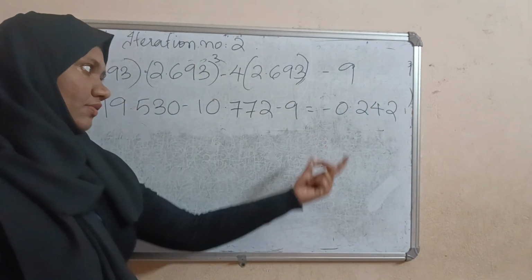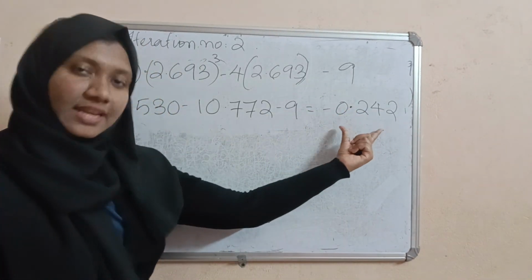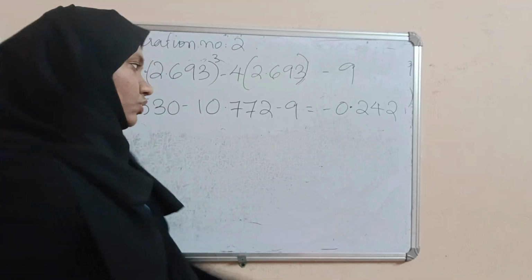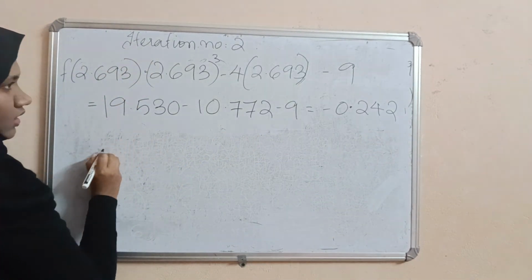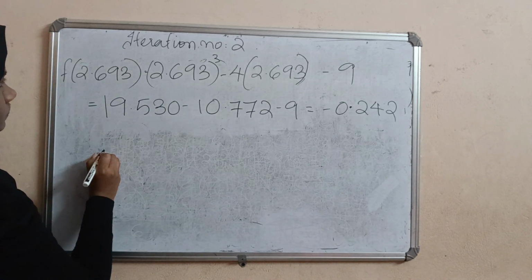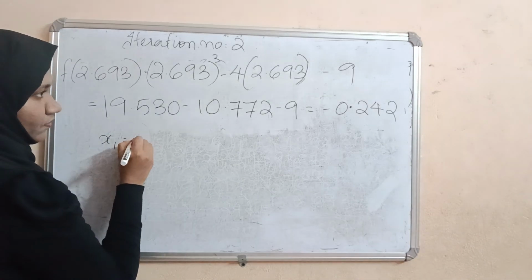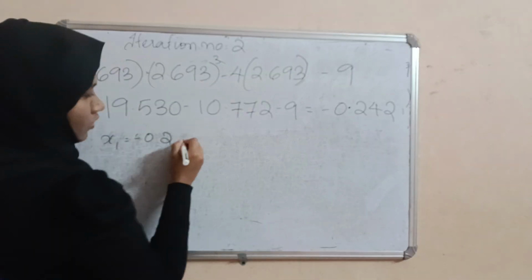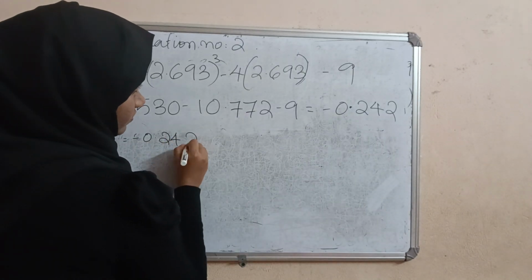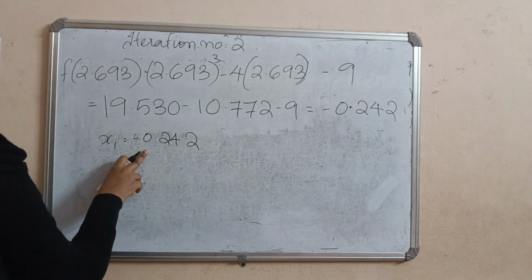See, again we got a negative value. So as you know, if we are getting a negative value, we would be replacing the x1. So our new x1 will be... sorry, it's not our x1. This is our f of x1 value.